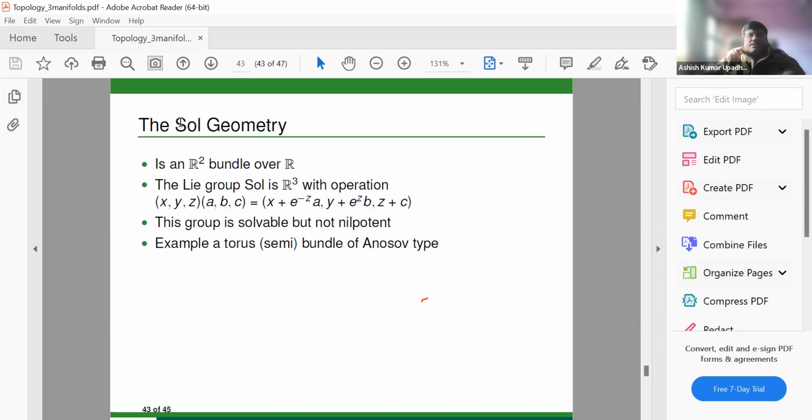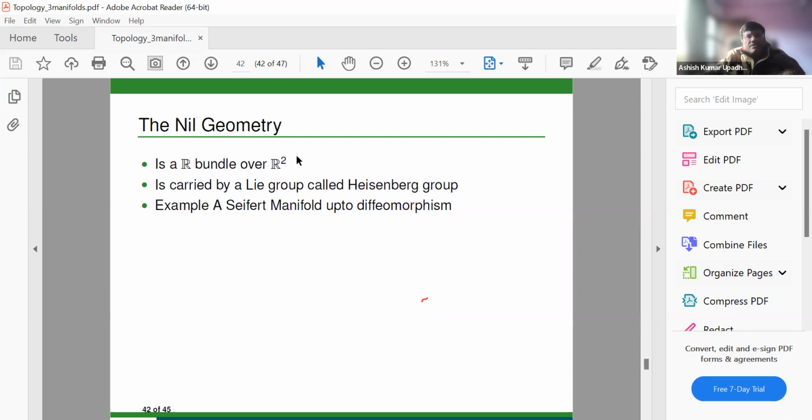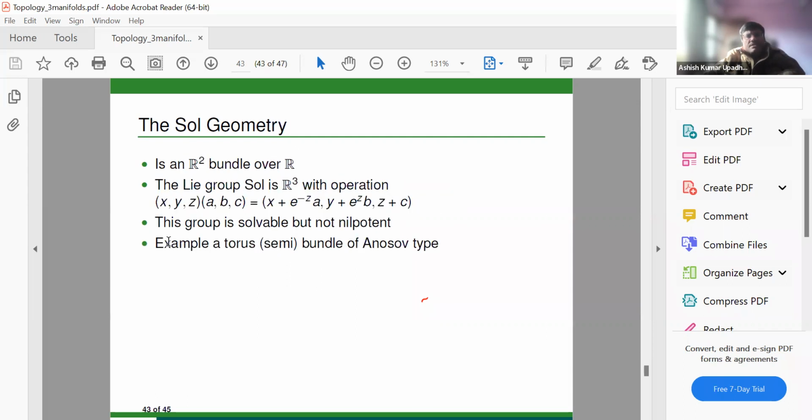So the next geometry is named Sol geometry. Sol actually comes from the term solvable, and the group in this case is solvable. We could argue that if the group is solvable, and if it was also nilpotent, we could club this with nil geometry, but that is not the case.